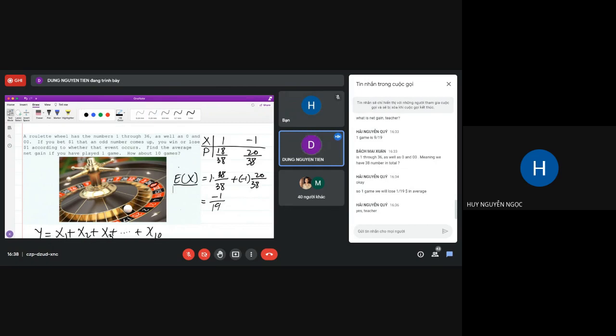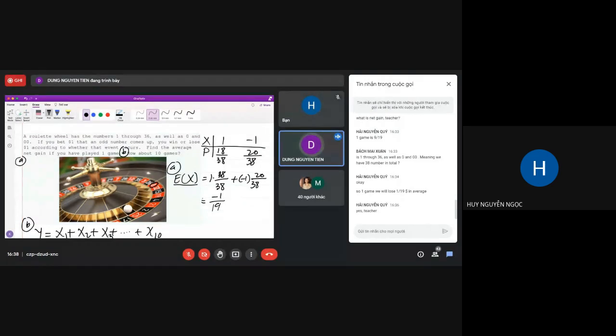X is your net gain in one game. Do you understand? So the average net gain should be the average value of X. This is question A, and this is question B. Then the mean value of X is 1 times 18 over 38 minus 20 over 38, which is minus 1 over 19. That is for a single game.